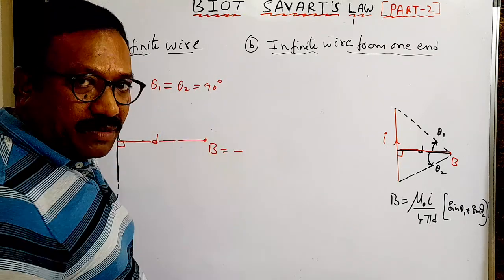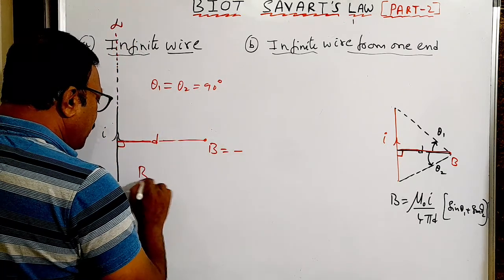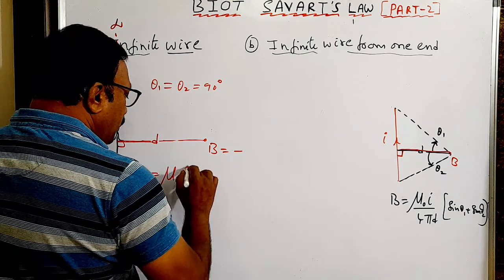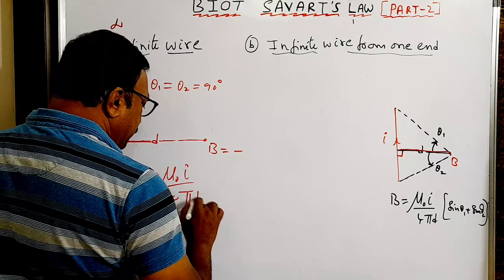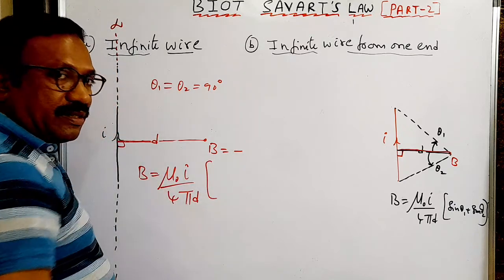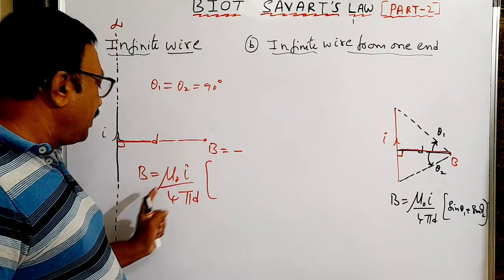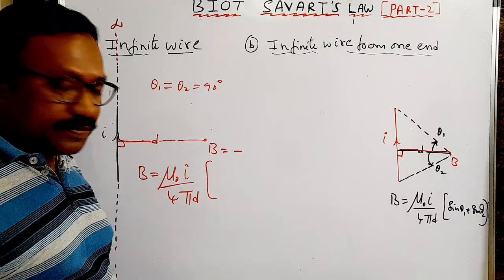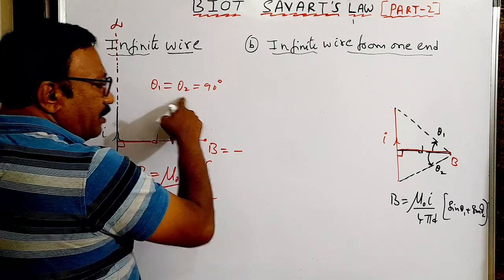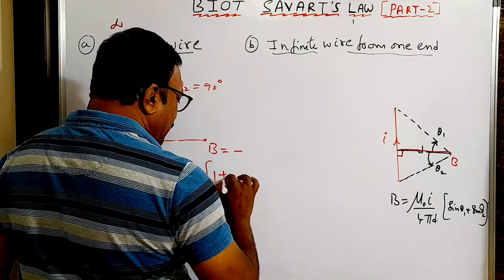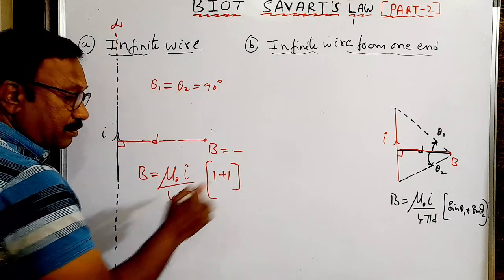So I will apply that formula now. B is equal to mu naught I by 4 pi D, where D is the perpendicular distance to the point where we are determining the magnetic field induction. Theta 1 and theta 2 are 90, so sin 90 plus sin 90 is 1 plus 1, which is 2.